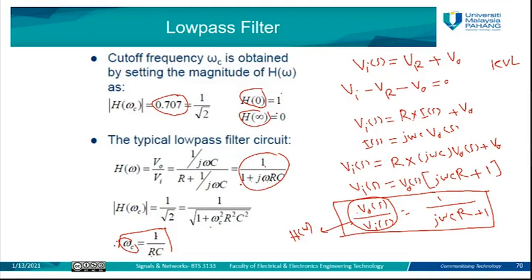So these are the main characteristics of the low pass filter. If you have H of 0 equal to 1 and H of infinity equal to 0, that means this is a low pass filter. If you have H of infinity equal to 1 and H of 0 equal to 0, this will be the high pass filter, as you will see later on.